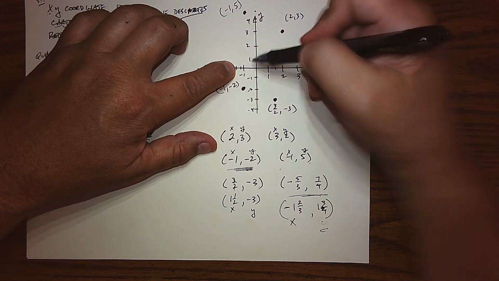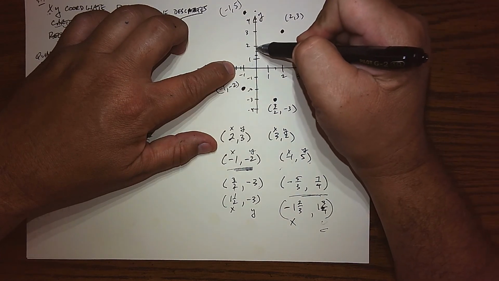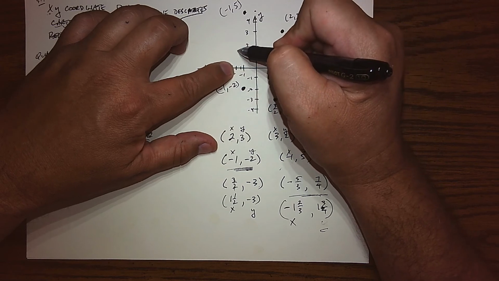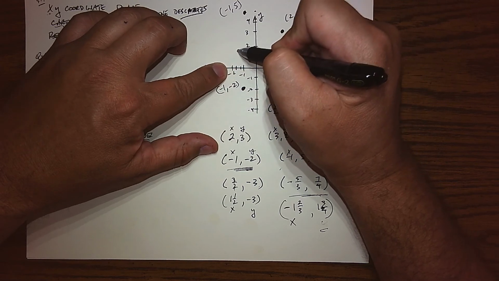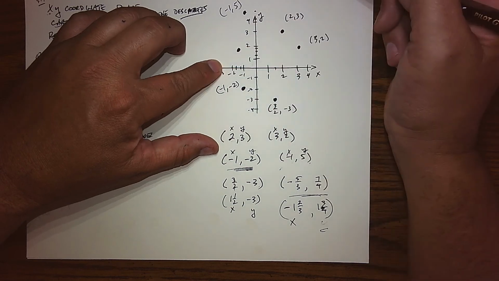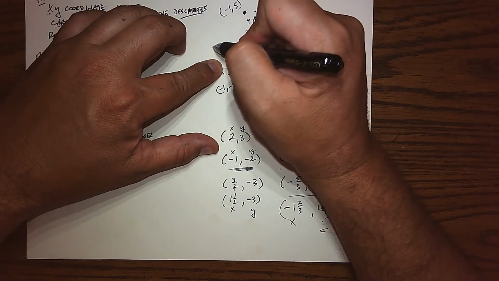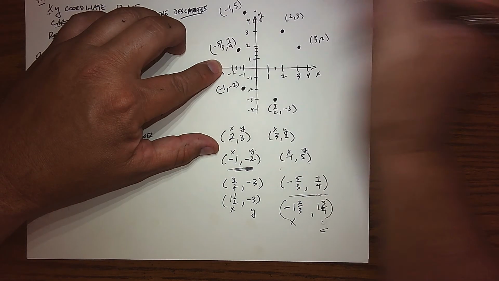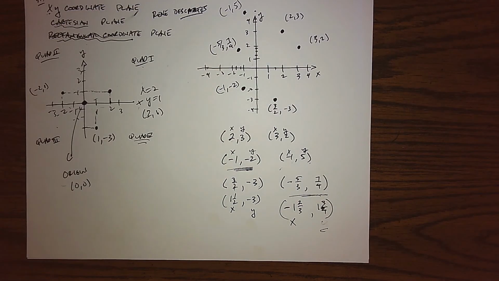The y-coordinate is 1, and then if I divvy this up into fourths, we're at 3/4. So if I put these two ideas together, right about there looks like a good location for -5/3, 7/4. All right, and so if you were at home, hopefully you got those correct.